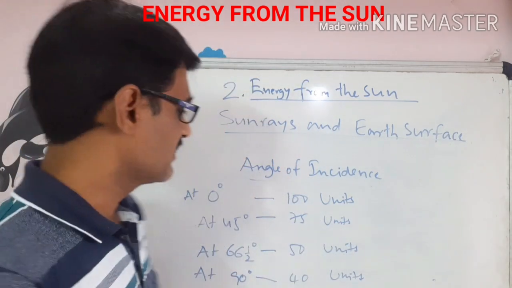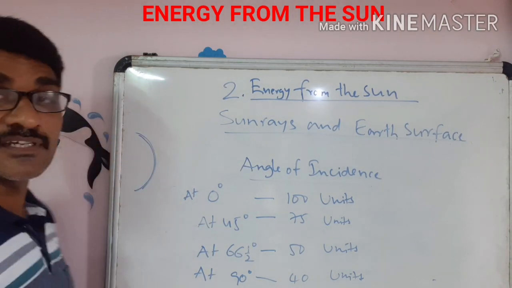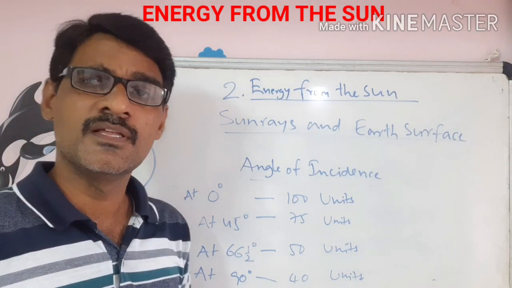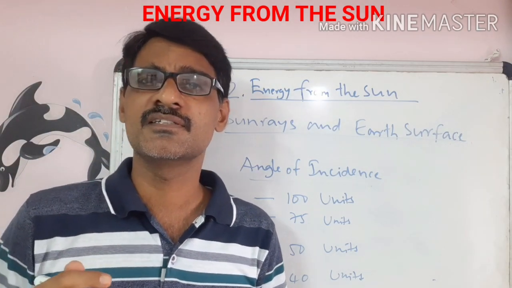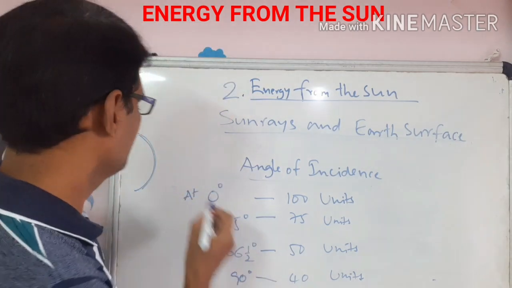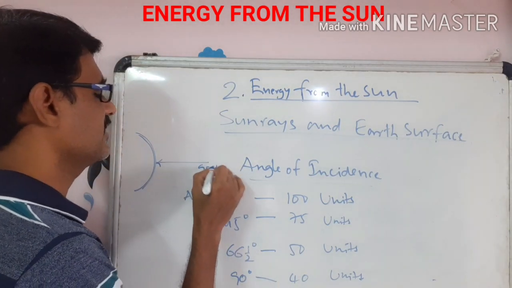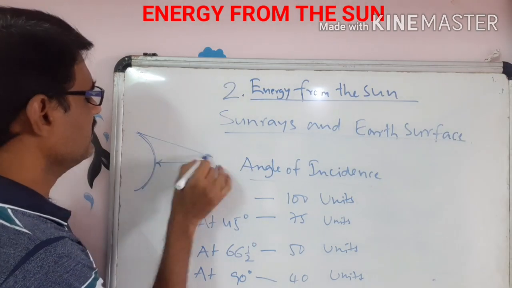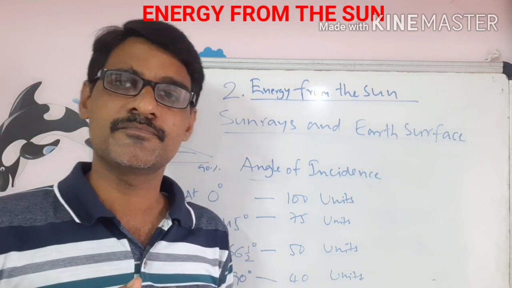Due to that curvature, some of the sun's rays are falling directly at 90 degrees and some are falling at various angles.